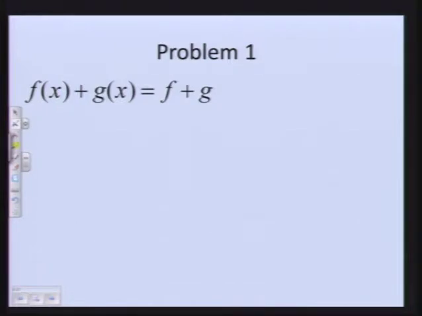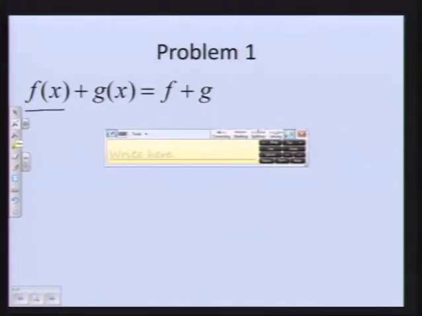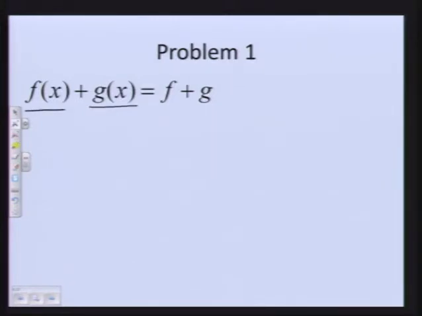All right, let's look at the first problem. Now if you'll notice, I have f of x plus g of x, and we go back to the list of functions that I just had on the previous slide. So we get those two functions, and now we're going to add them. Now remember, we talked about adding, we're going to be combining like terms.